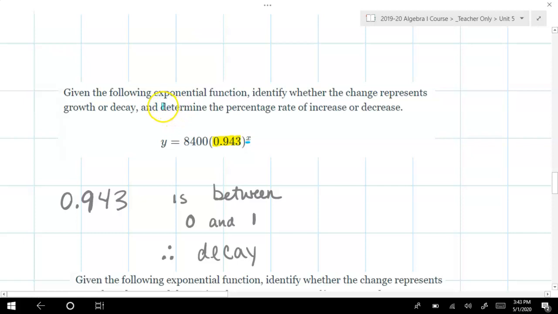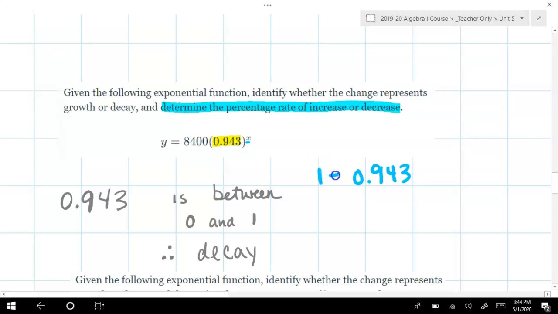Then part 2 of this says determine the percentage rate of increase or decrease. It's the same value, the base, it's going to tell us this information. It's the rate of increase or decrease. Well, it's decay, so we should show decrease. We have a decrease of how much? Well, only 0.943 or 94.3% is returning as x grows.